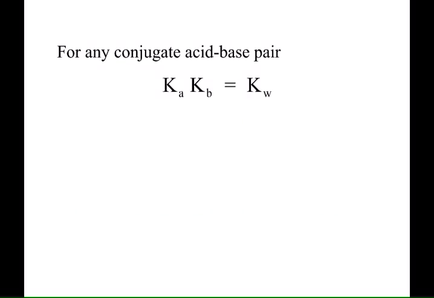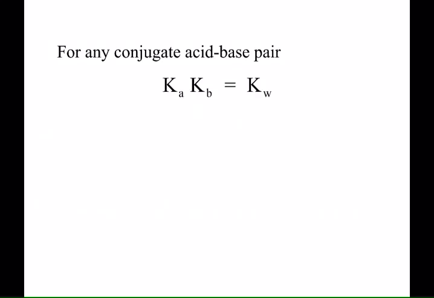So we have these species that differ by a proton. I don't call them yin and yang, but the thing that makes a good proton donor will have a Ka associated with it. The thing that's a pretty good proton acceptor will have a Kb constant associated with it.